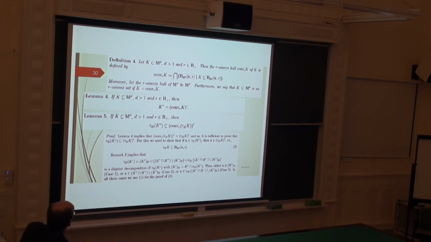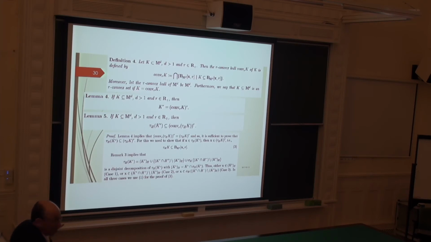We need two lemmas here. In order to state these lemmas, it's a good idea to introduce some convexity. If we have a set K, then its R-convex hull is the intersection of balls of radius R containing K. This is what we call the R-convex hull, and the set K is R-convex if it is equal to its R-convex hull.